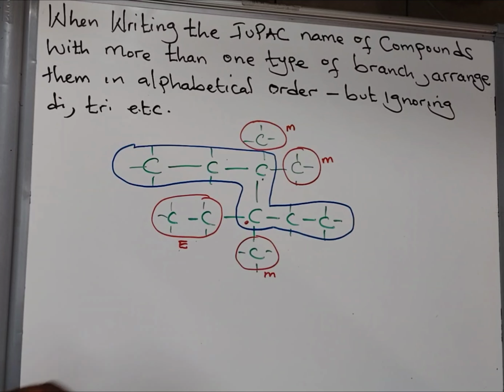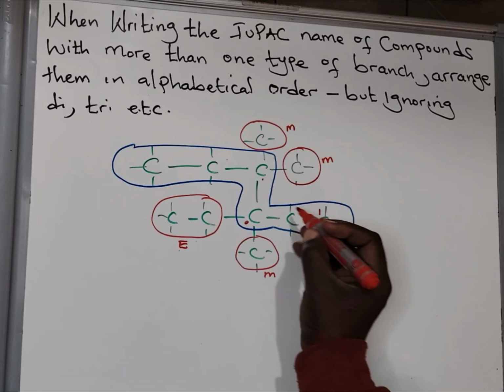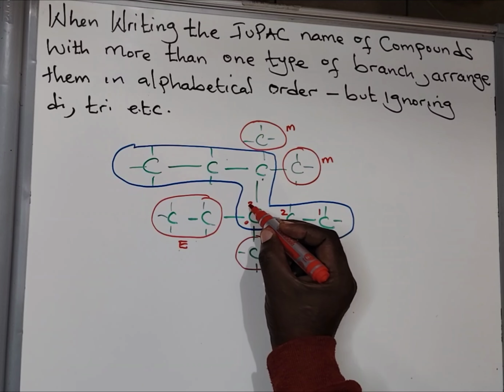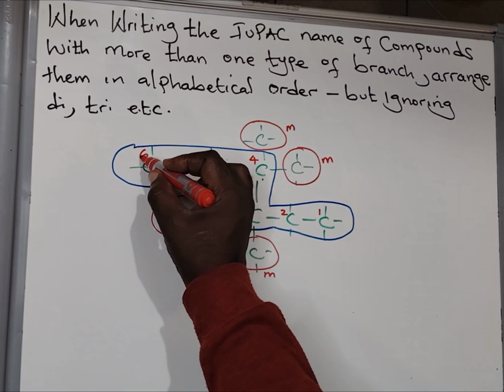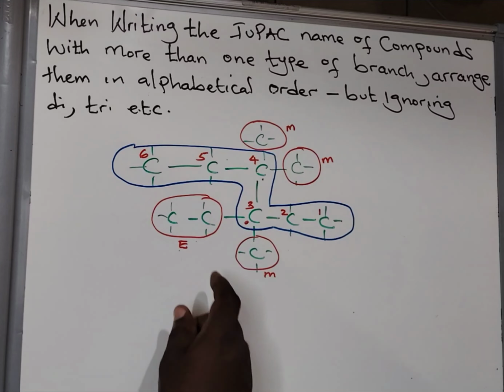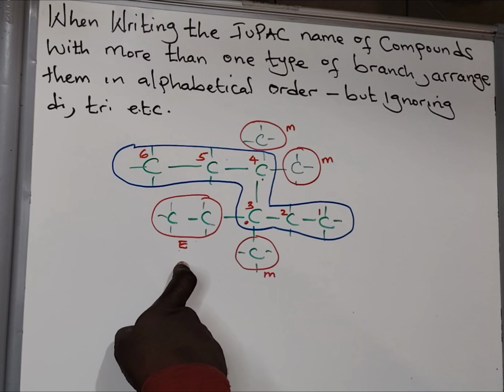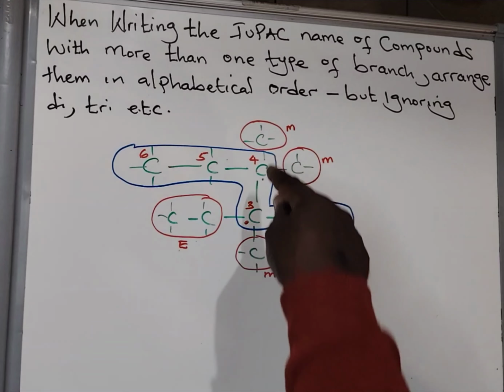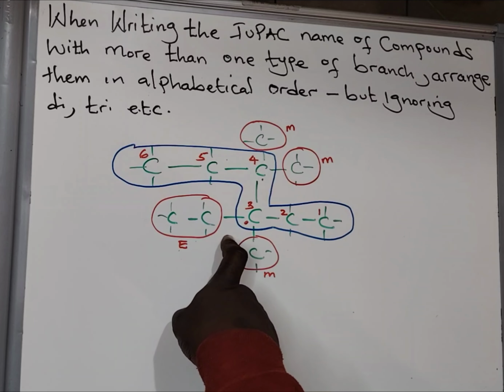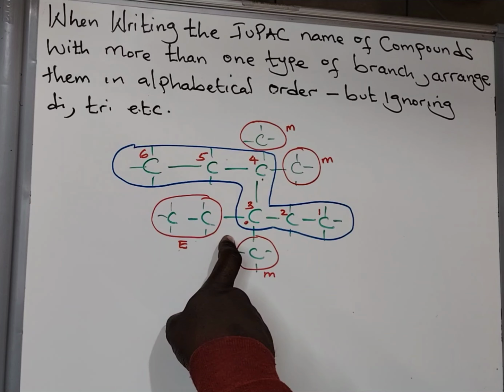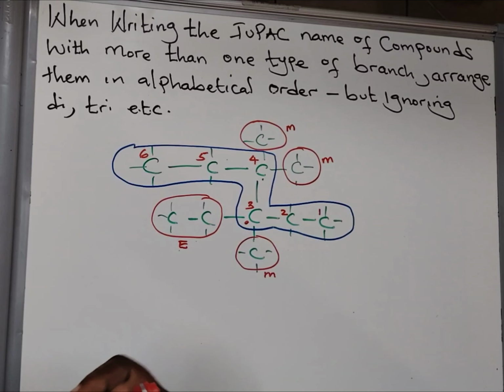So what do we say? Here we are going to say this is number 1, number 2, number 3, number 4, number 5, number 6. We chose that direction because it is the one where it will have the smallest number. So, because both points are 3, but this 3 has E, so that makes it a priority. We ought to make it the smallest. So under that circumstance, what is going to be our name?